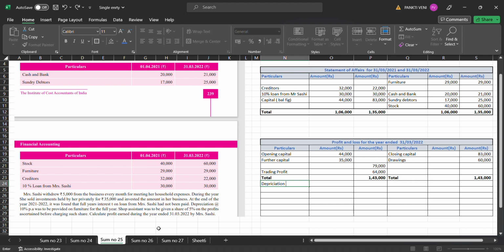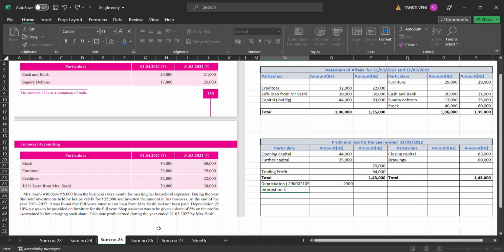Depreciation you have to pay. So those two expenses you have to note down. How much depreciation? 10% on furniture, 29,000. So 29,000 into 10% gives me 2,900.